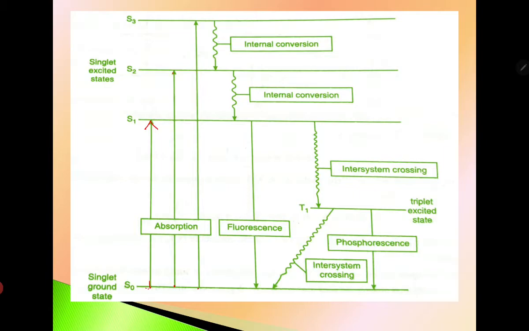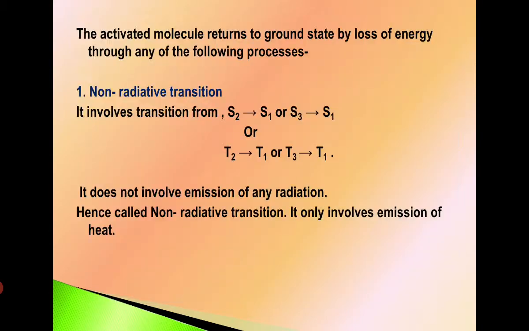But in most cases the lowest vibrational level of the S1 state is the most important excited singlet state, and this state can undergo various physical and chemical processes. Okay, let us see what they are.